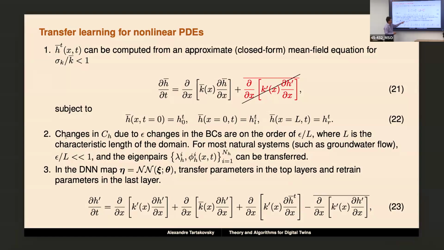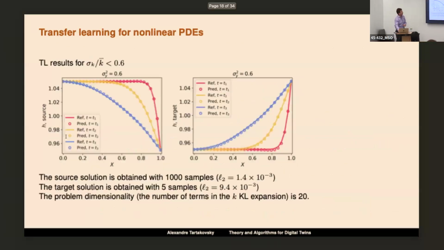In this neural network, we transfer parameters in all layers but the last layer, and then we retrain the parameters in the last layer. The neural network is linear with respect to the parameters in the last layer, since usually we pick linear activation functions for the last layer. So retraining this neural network becomes a simple least squares problem, which is relatively easy to solve.